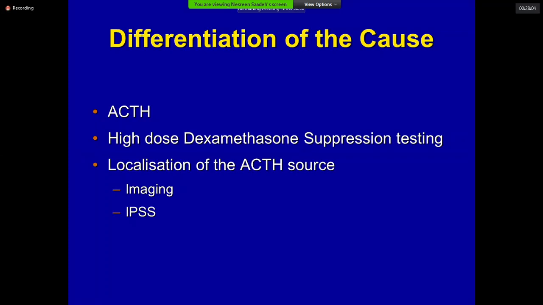And when we do imaging, if we have high ACTH, we will do specific imaging for the pituitary called MRI pituitary. And after we do that, we try as well to get a sample of blood from the inferior petrosal vein in order to double check, make sure that this is the site that is secreting the high ACTH before we proceed to surgery.